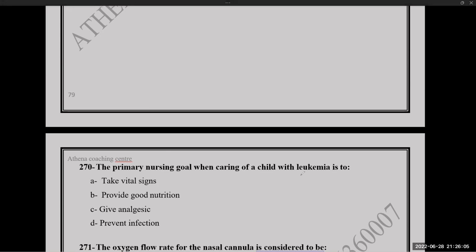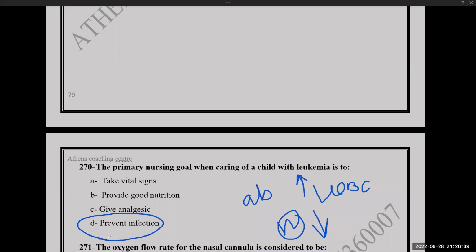Excessive amounts of WBCs are produced, and all of these WBCs are abnormal, but the production of normal WBCs is reduced. Increased WBC is expected, all abnormal, and normal WBCs are fewer. So the answer is prevent infection. Exactly, so the answer is prevent infection.